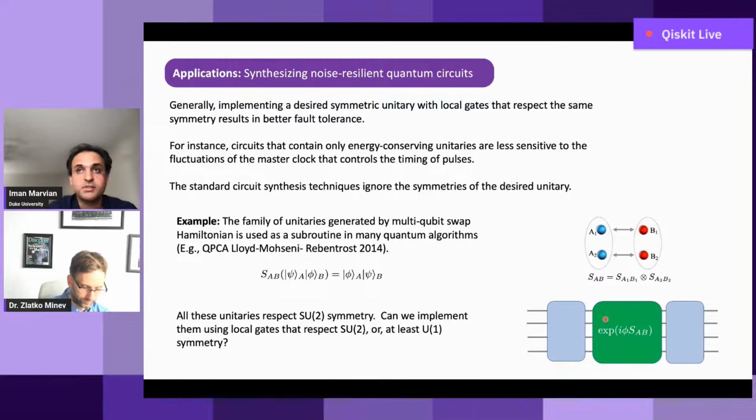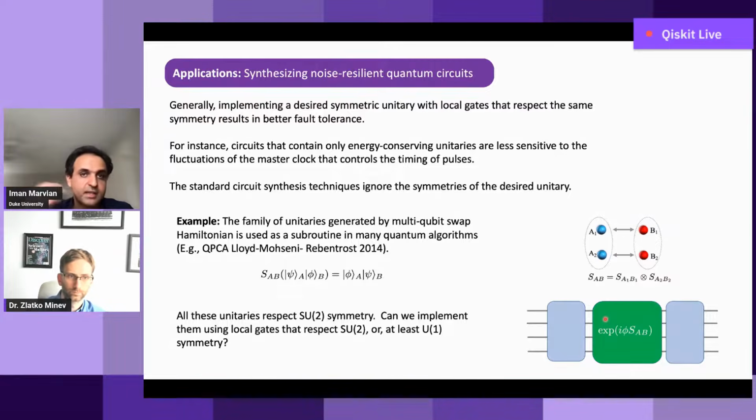In particular, we can think about the U1 symmetry, which is relevant because of energy conservation, because it guarantees less sensitivity with respect to fluctuations of a master clock. So I think, yes, even in the NISQ regimes, for certain subroutines, this technique can be useful. If your subroutine has the symmetry, let's use that in the design of the circuit.